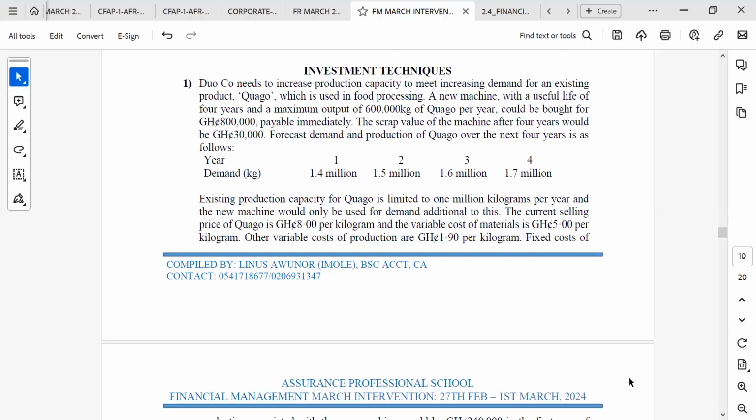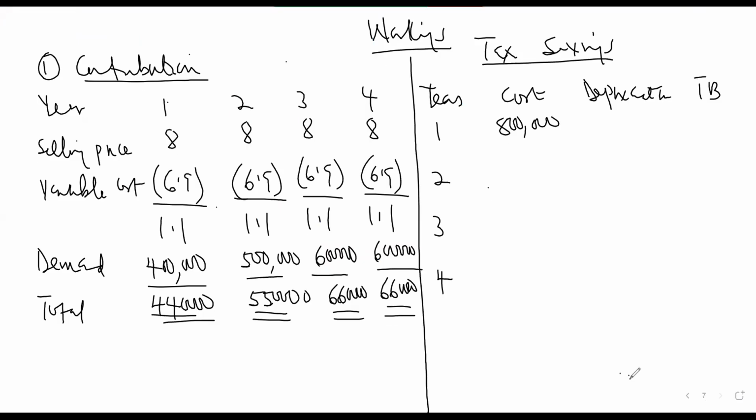How much is the depreciation for the first year rather, not every year? 25%, reducing balance. Okay. So let's calculate the depreciation for the first year. 25% on 800,000. What are we getting? 200,000.